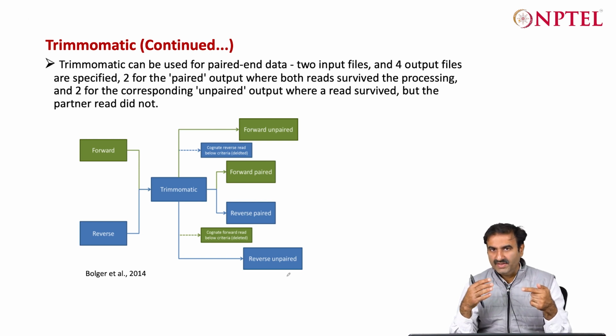Otherwise, in some cases the reverse read was not of the same good quality, so it will be dropped and you will only be left with the forward read, and sometimes the reverse is retained and the forward is dropped.